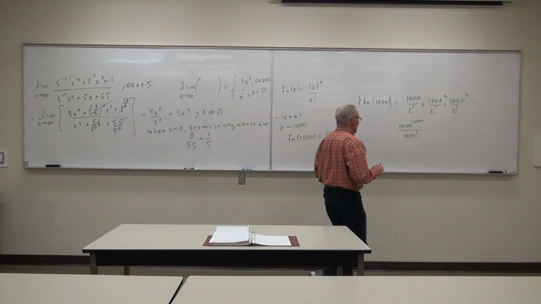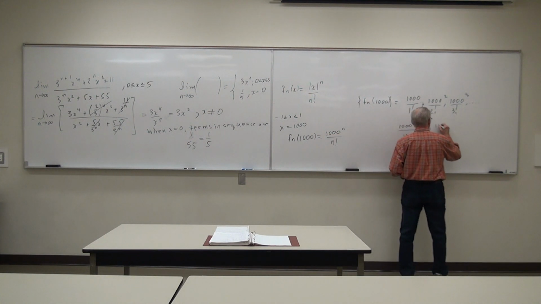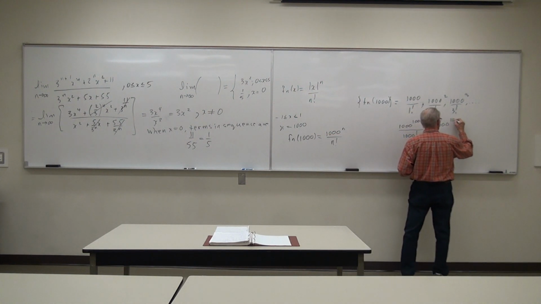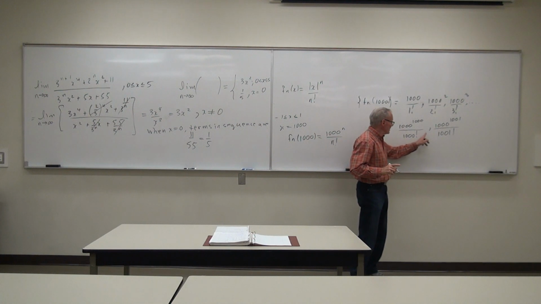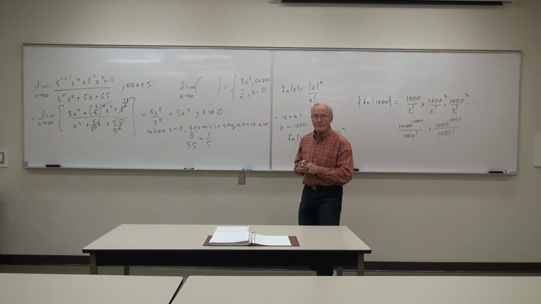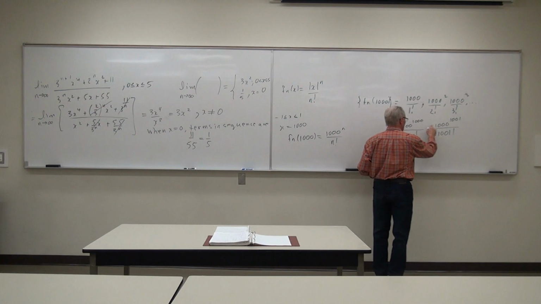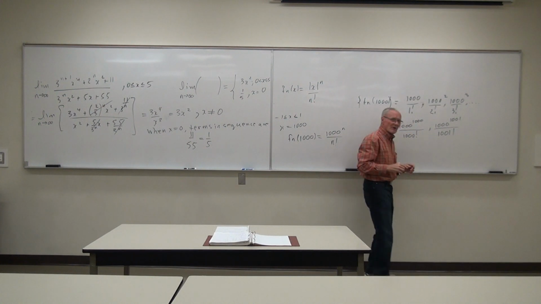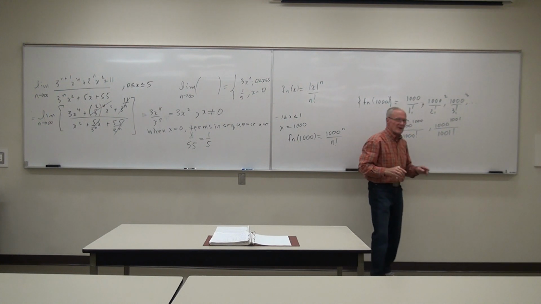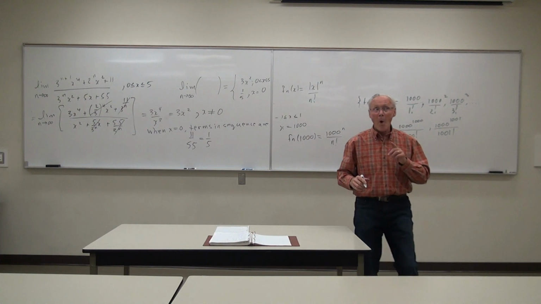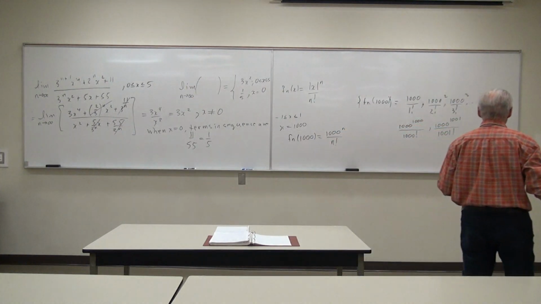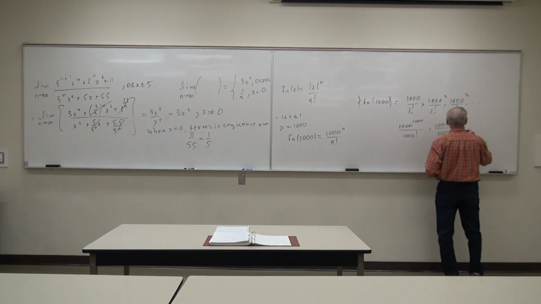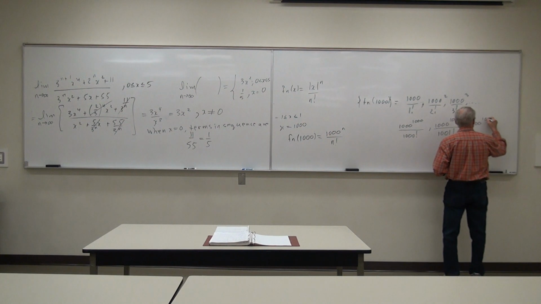Let's look at the next one. You get 1,000 to the 1,001 over 1,001 factorial. Which is larger? What you've done in going from here to here is multiply the top by 1,000 and the bottom by 1,001. It's smaller. If you go to the next one, you get 1,000 to the 1,002.